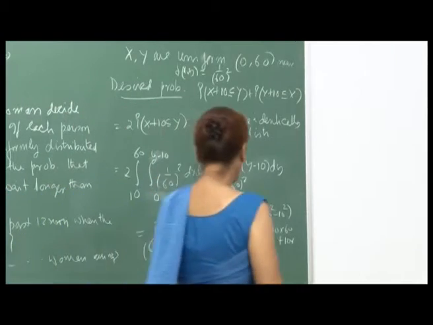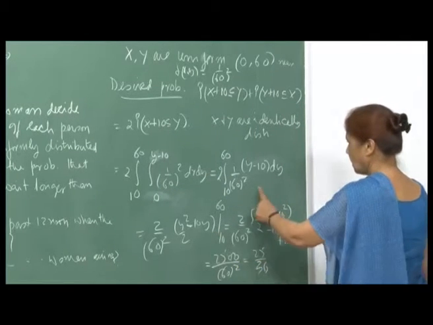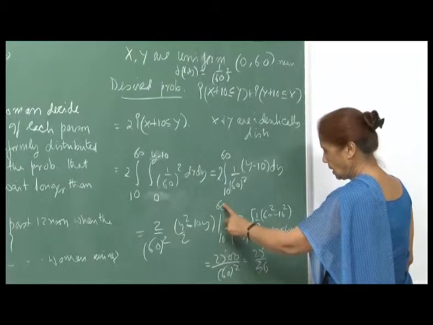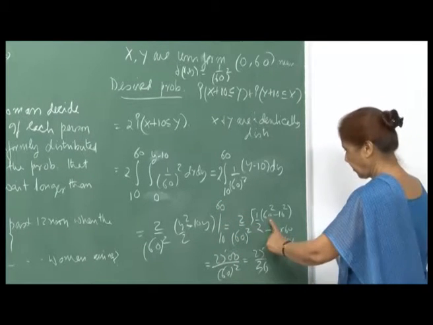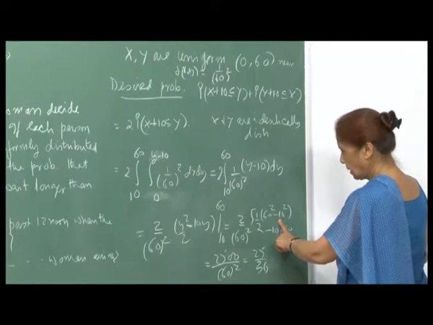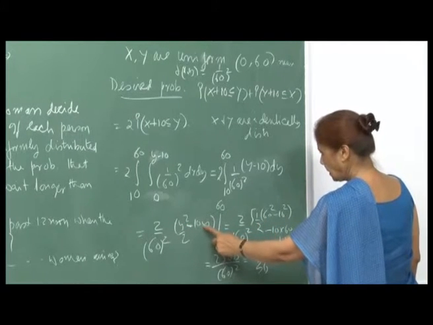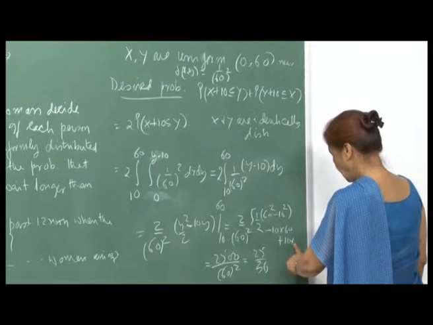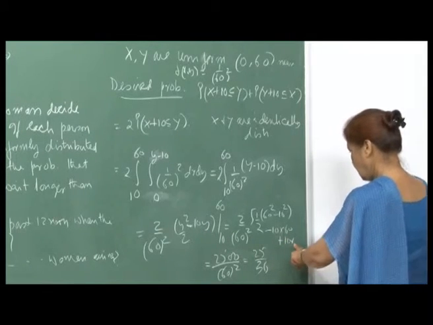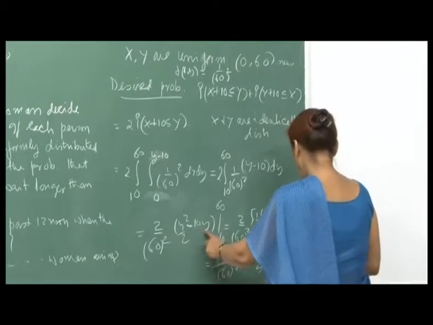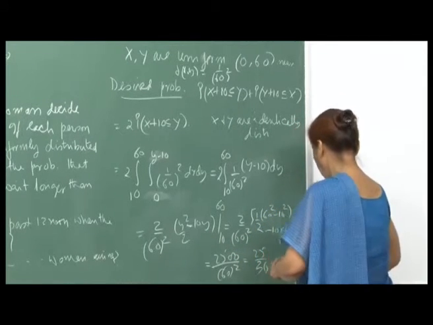So, we will continue from here. This was y square by 2 minus 10 y from 10 to 60. So, then this becomes 60 square minus 10 square, this one by 2, and minus 10 into 60 plus 10 into 10, right.